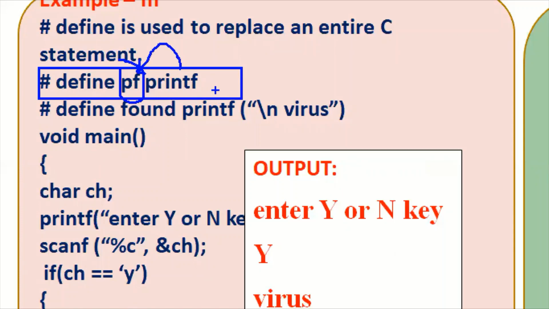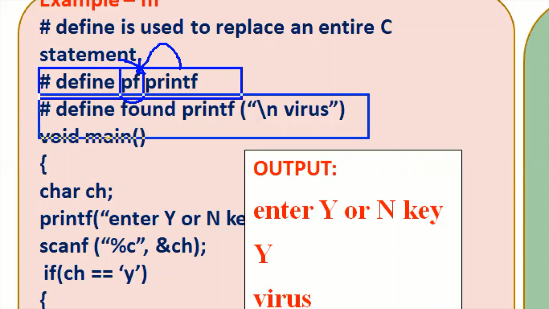So instead of writing printf, wherever required, I can use simple PF. Another one is #define found with the value printf virus. That means this whole constant value is given to the found symbol. Now I am using these two symbols PF and found in my program.